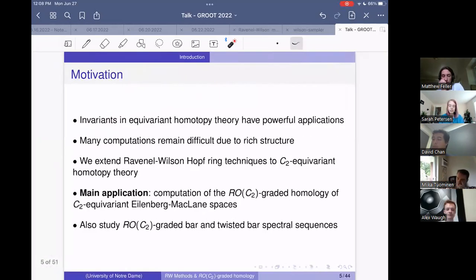So in this more complicated setting, what is some of the motivation for doing additional computations here? Well, invariance in equivariant homotopy theory can have powerful applications.